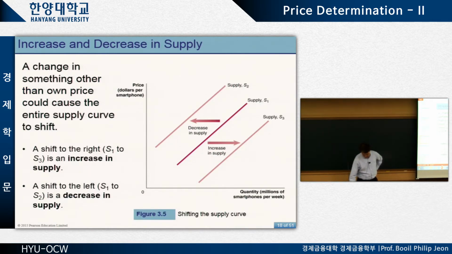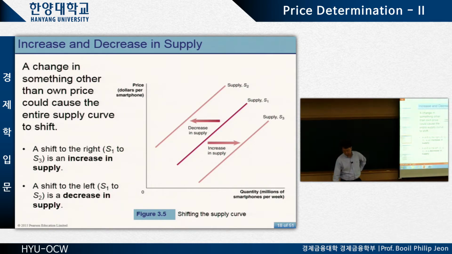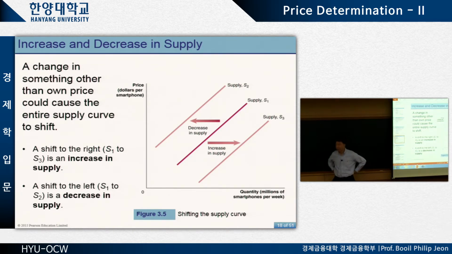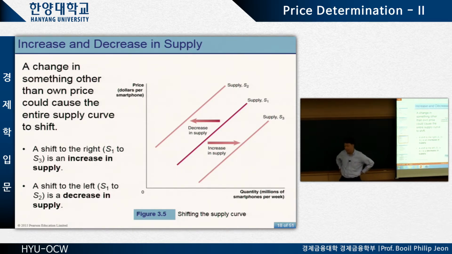The same as the demand, we can talk about the shift in the supply curve, right? In other words, when the price of something goes up or down, what happens to the supply for that product? If the price of smartphone goes up, what's going to happen to the supply for smartphones?